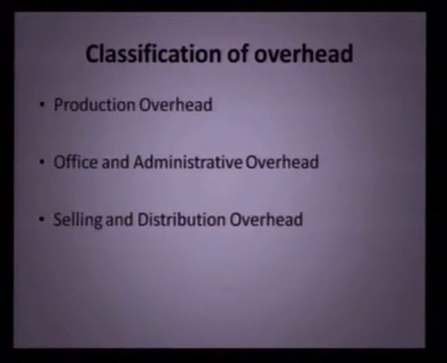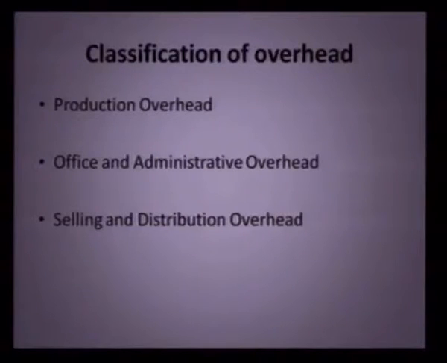And there are some overheads which occur during selling and distribution of the product, we call them selling and distribution overheads. This classification is very important from the point of view that we can calculate the cost of a product at different levels. So this is a very important question which you have asked.